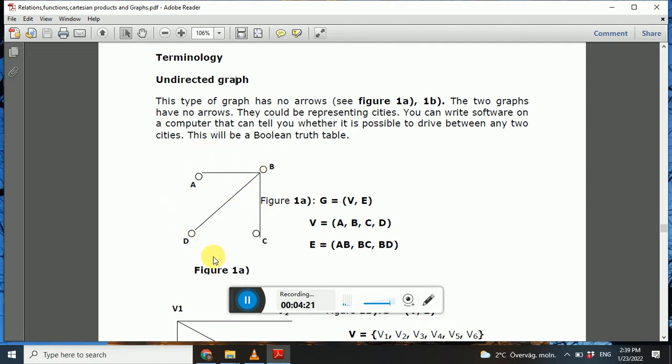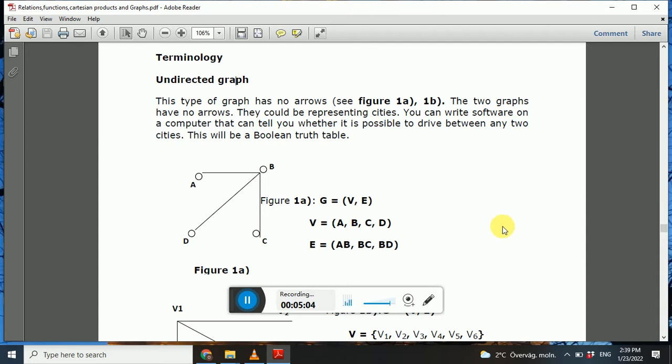So we shall say that this whole diagram of figure 1a is a graph (V, E), where V, you list all the vertices, which are A, B, C, D, and E is the set of edges AB, BC, and BD. So these are the vertices and these are the edges that we have in this graph. You can see that we don't have an edge AD, because vertices A and D are not connected by an edge in this case.